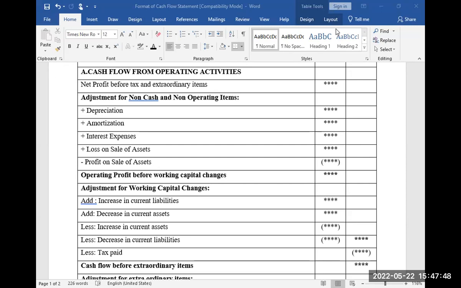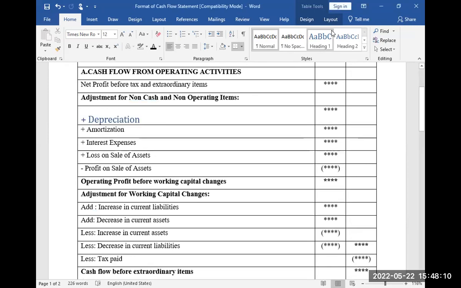Similarly, decrease in current asset needs to be added. If you remember any one, the remaining are easy. So minus tax is equal to net cash flow from operating activity. Only this you have to work on a little. Remaining all you can just refer from the balance sheet. It's not changing.